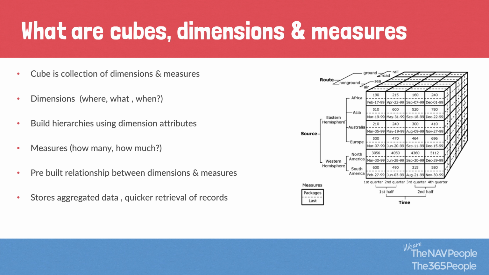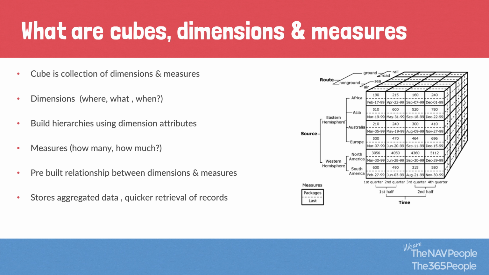As you can see from here, this is a pictorial representation of the cube, not a physical representation. So the cube is not stored like that. This is just a logical representation so that we can understand what a cube is and how it stores the data. So the cube, like I said, comprises dimensions and measures.